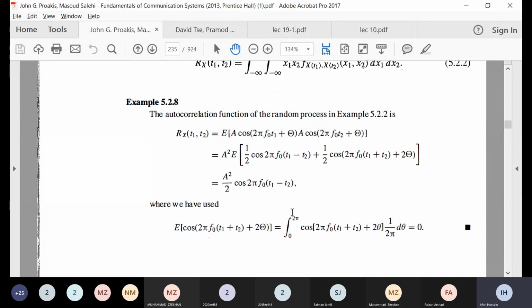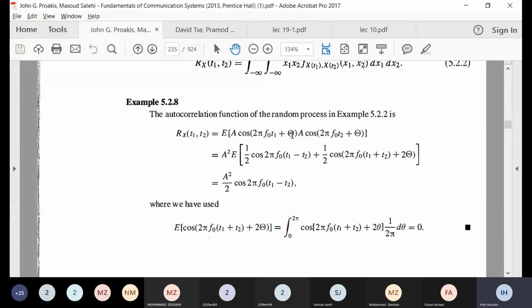Let us try to find the autocorrelation of the random process in example 5.2.2, which we just saw. In the example, you had a random process A cos(2 pi f naught t plus theta), where theta was a uniform random variable that could take values from 0 to 2 pi. Now for the same random process, I want to find the autocorrelation.